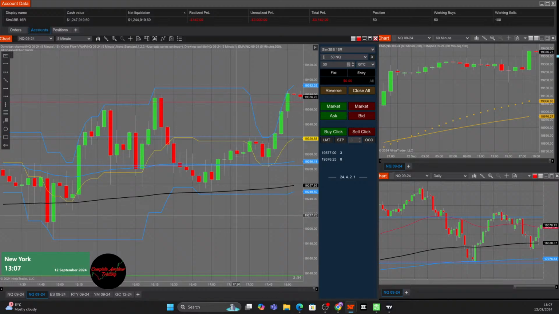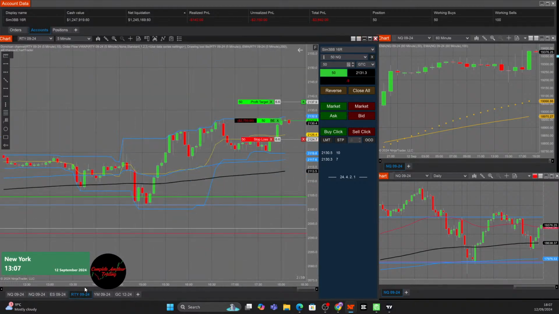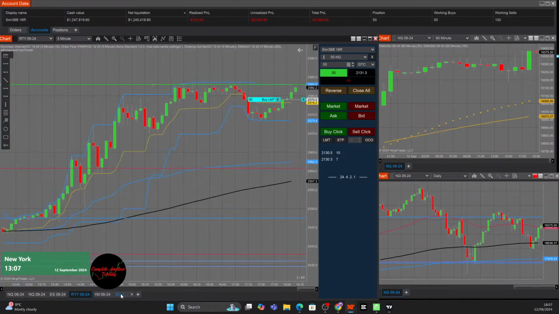Of course, I'm in the instrument that's going against me, in RTY. Gold is heading towards that 83, 8 ticks away. So the primary entry would have worked on gold. It looks like the secondary entry would work as well.